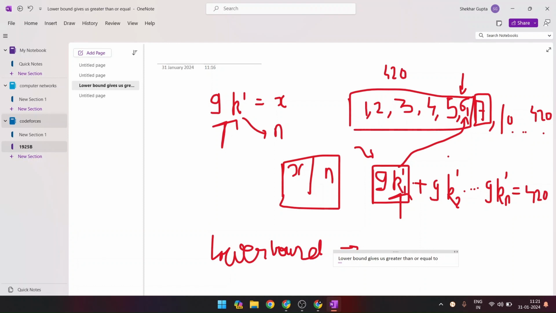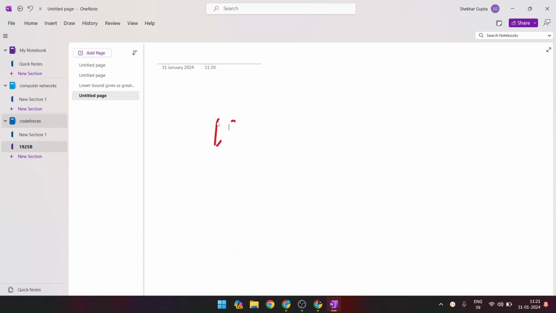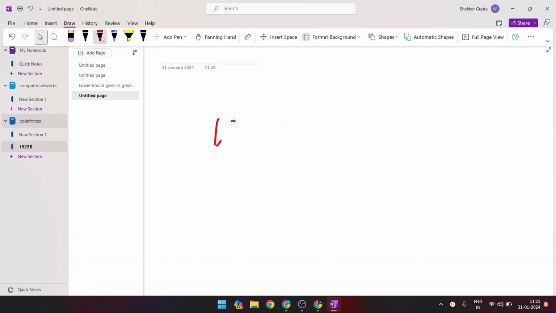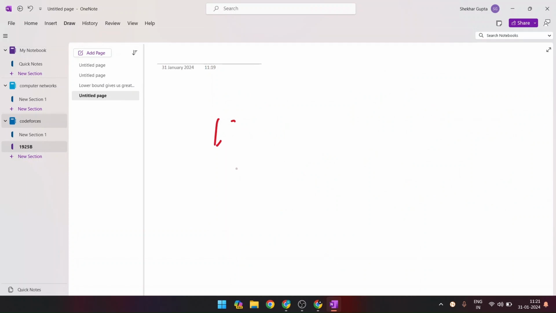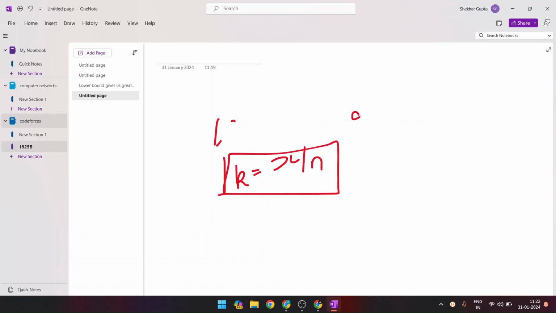So for finding less than or equal to, I will see if the lower bound is equal to my ratio. I want my ratio, let's say k, which is nothing but x by n, and your g should be limited by this k.